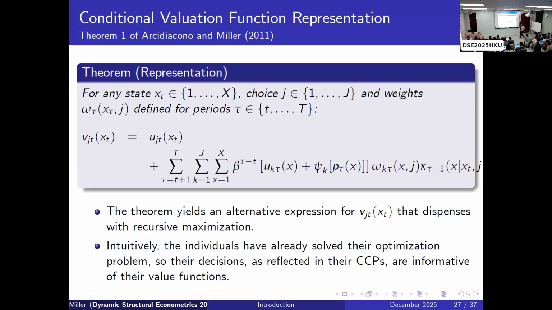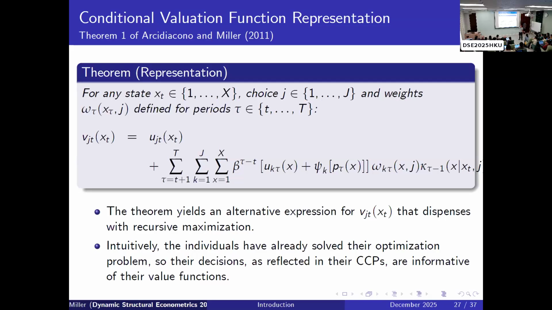And so now we have a setup that if individuals have already solved their optimization problem, then their decisions, as reflected in the CCPs, are going to be informative about their value functions. So much so that you can write down the conditional value function in terms of current utility, future utility, value function corrections, weights, without doing any recursive maximization.